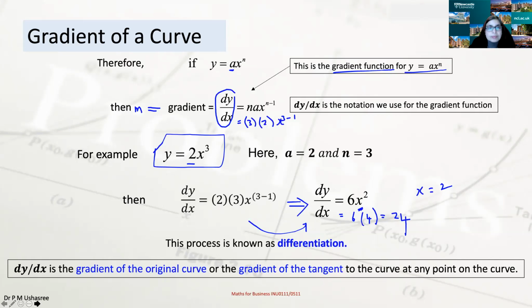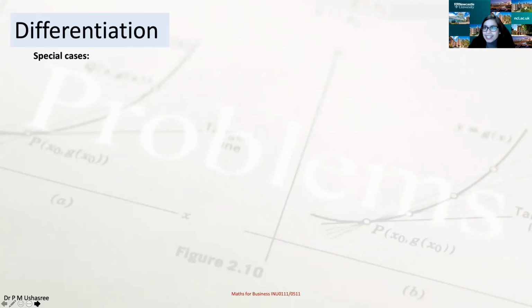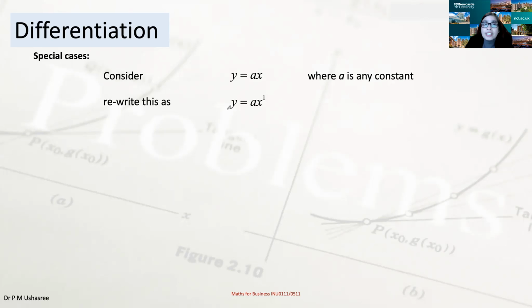Okay, now we have special cases. In mathematics, you have a general equation and then you have special cases. Let's take the first special case. y is equal to a times x, where n is equal to 1. That is our special case here. If there is nothing to the power, if it's not written, that means it is 1.